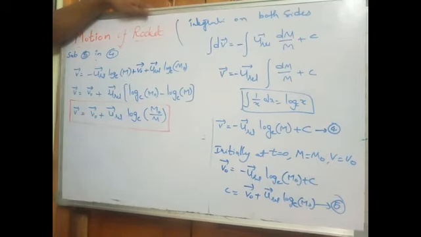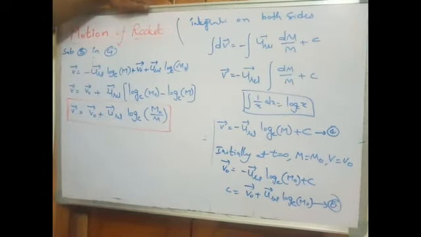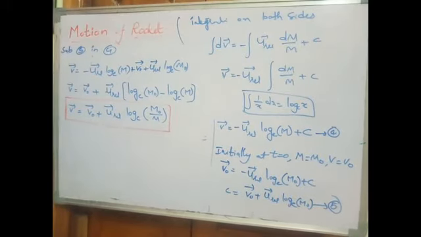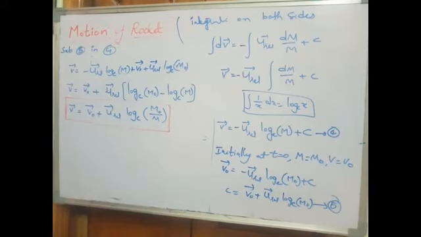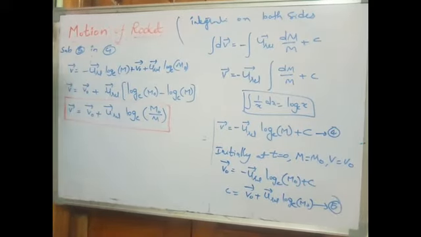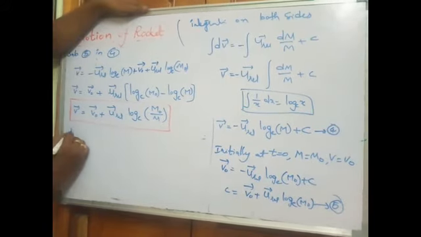This is the velocity of the rocket in the absence of external force. It is also called the instantaneous velocity, the velocity of the rocket at any instant of time.